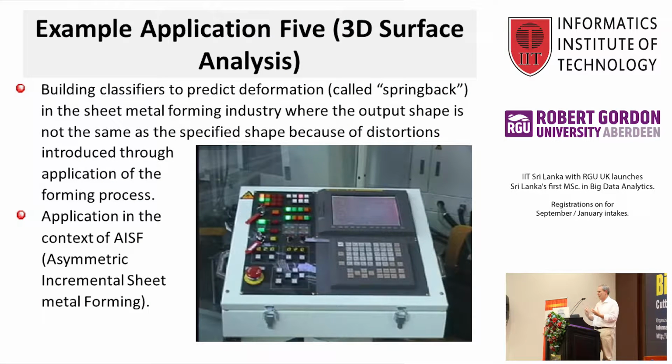And what happens is that the shape produced isn't the same as the specified shape because the machine introduces distortions. So we looked at this in terms of a 3D image analysis problem by representing the shape using point clouds, and I'll come to that a bit more later, and predicting what the distortion would be. And distortion is referred to as springback in the sheet metal forming industry.